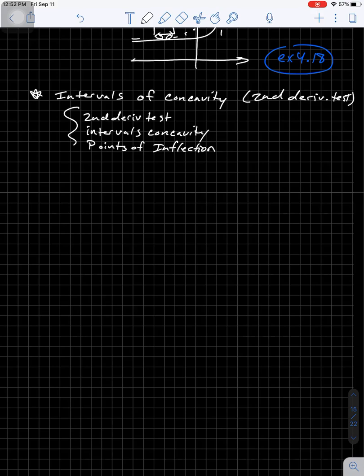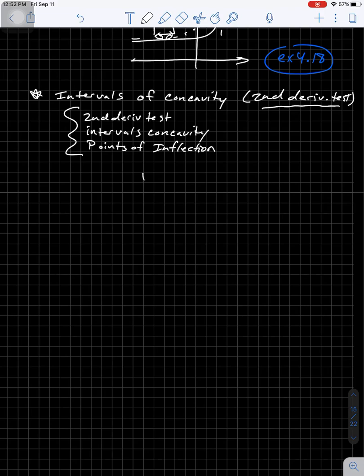These are all the same kinds of directions that lead you down this list. Now, the interesting thing, and why this is a really fascinating section, but why it can get confusing, is the list for the second derivative is exactly the same as the first derivative test. It's just with the second derivative.